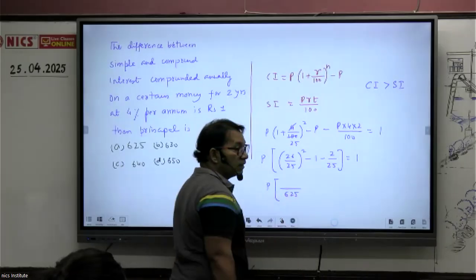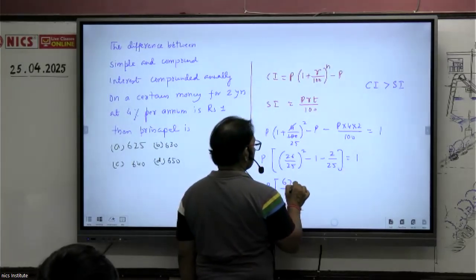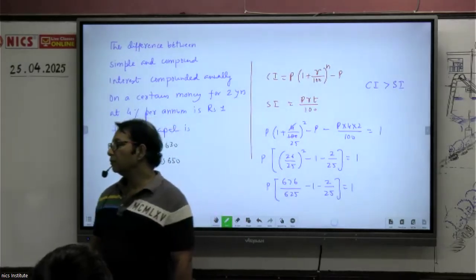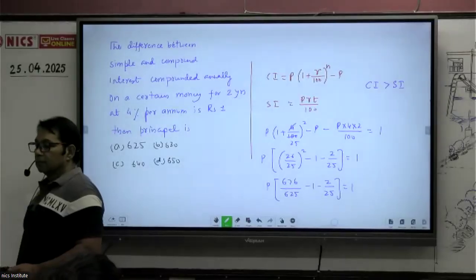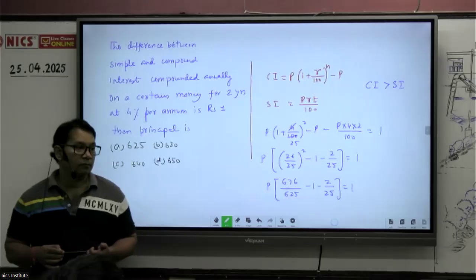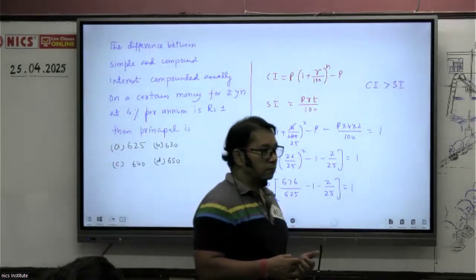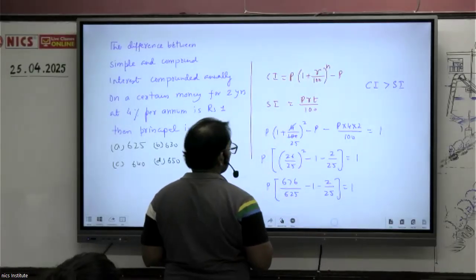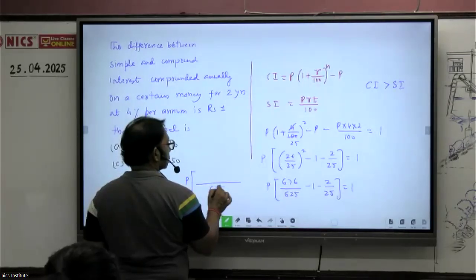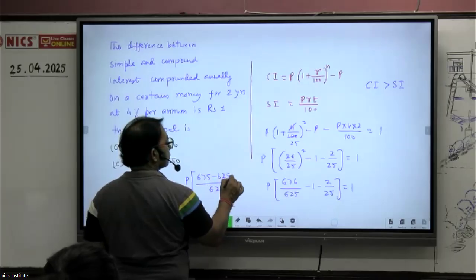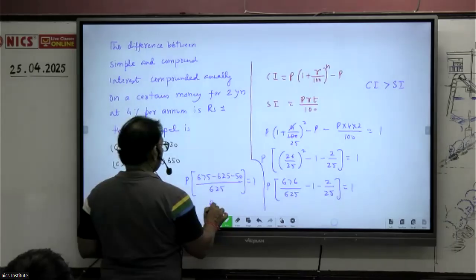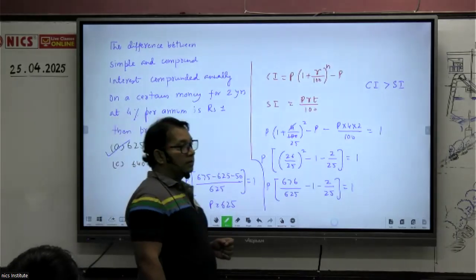What is 26 square? P equals 625. Answer is 625.